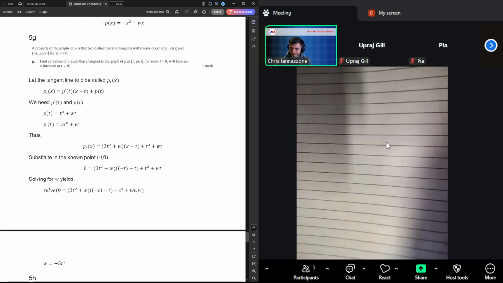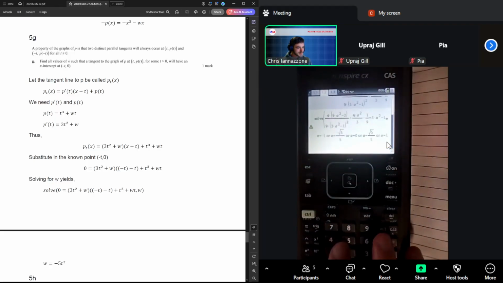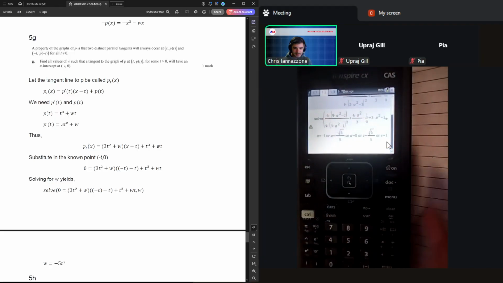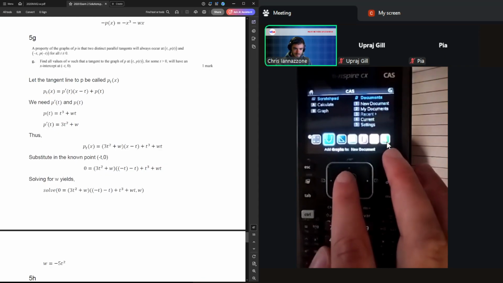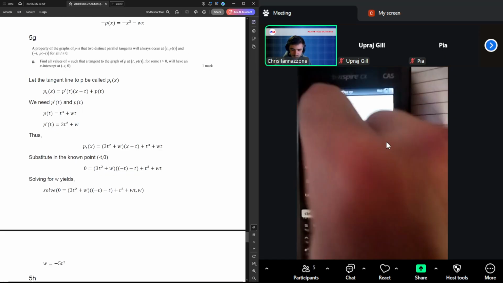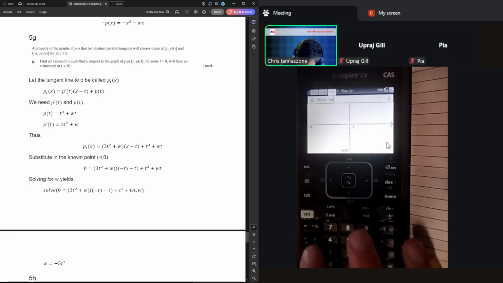Let's get a picture going. Let's plot the graph of W equals negative 5t squared. W is going to be the y-axis, and t is going to be the x-axis.